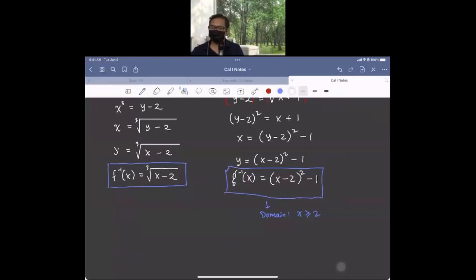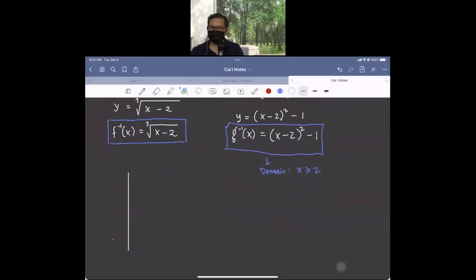Okay, now the next section here, let me draw. Let's say this is A, this is B, so this is the point (A, B). And let's say we have another one here, with the same value as B, and this is the same value as A. So this is (B, A).